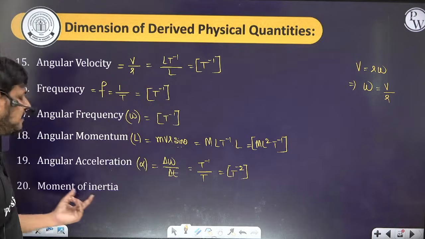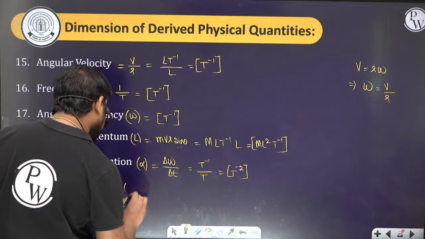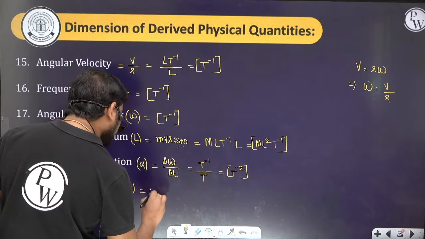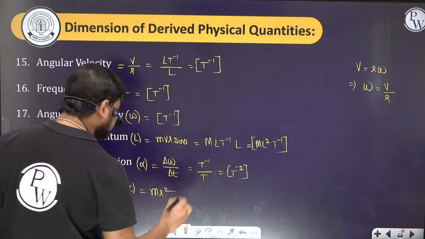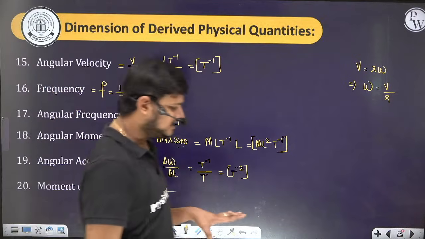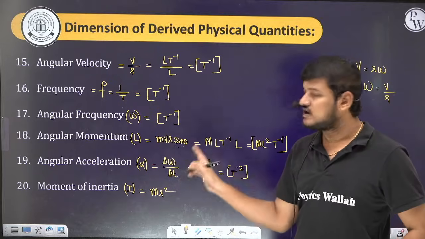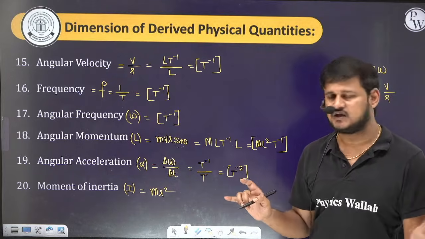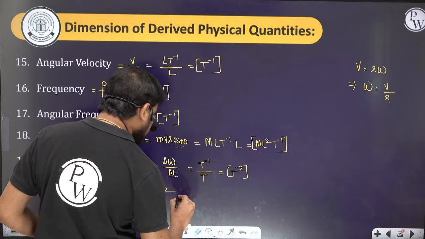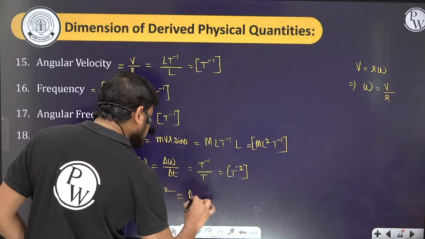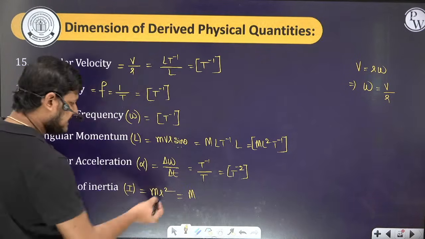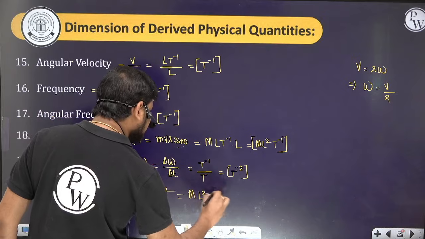Clear? And moment of inertia. This is also a new term, whose formula is mr square. Just remember the formulas. Once we complete the chapters, then you'll understand how these formulas have arrived. Okay. Chalo. So mr square. In place of mass, you can simply write m, and r square is nothing but L square.